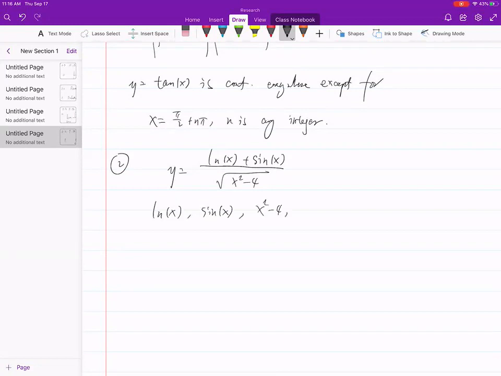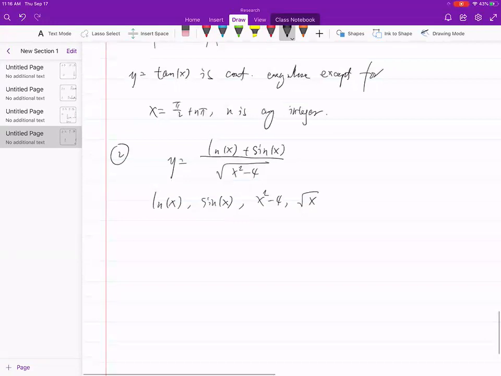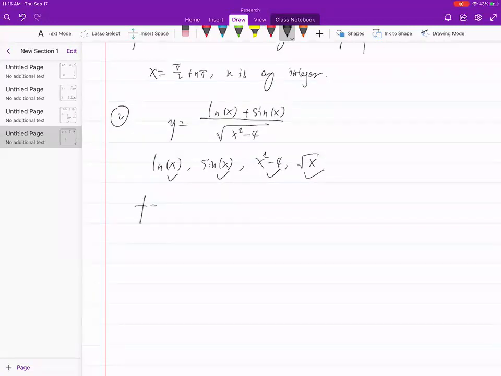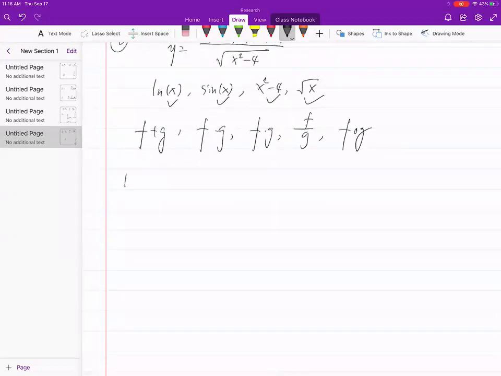I see this, and I see this. Each one is simple. Sounds good? Therefore, we just need a way to combine them. That goes back to the familiar f plus g, f minus g, f times g, f divided by g, and f circle g. And the answer is quite simple. We have the laws of continuity.